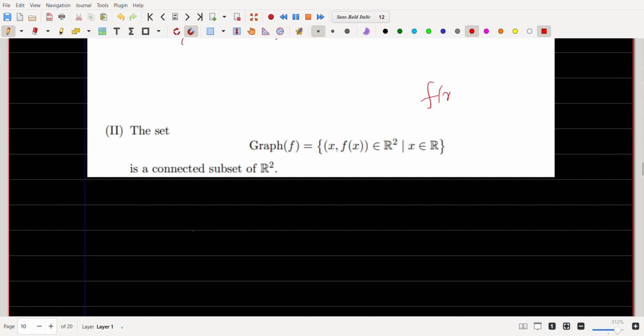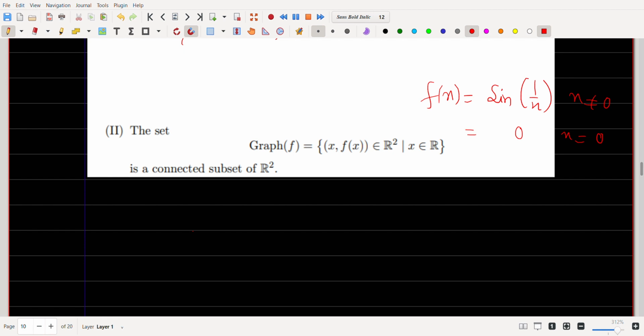Now there is a nice example, I think you know, which is f(x) equals sin(1/x) for x not equal to 0, and 0 for x equal to 0, right? So sin(1/x) doesn't attain 0 at the origin, but it attains every value from -1 to 1. And I define that at x equal to 0, it is 0. And f is not continuous at x equal to 0, because f is oscillatory at that point.